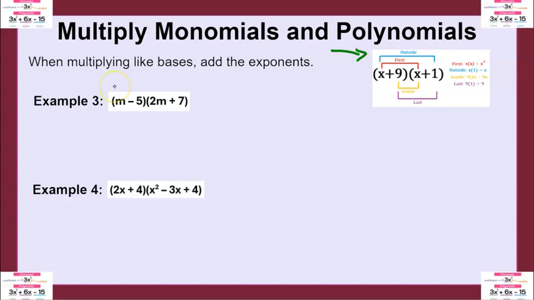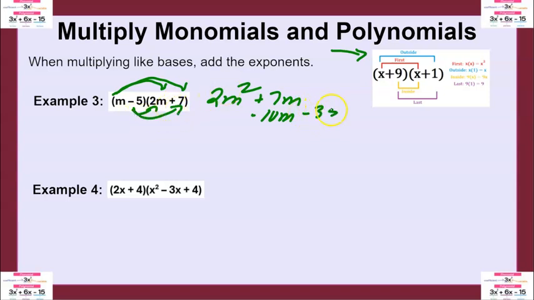So first I would take m times 2m, and I get 2m squared. m times 7 is 7m. Negative 5 times 2m is a negative 10m. And you'll notice I put that underneath the 7m because those are like terms and I can combine them at the end. And negative 5 times 7 is a negative 35.